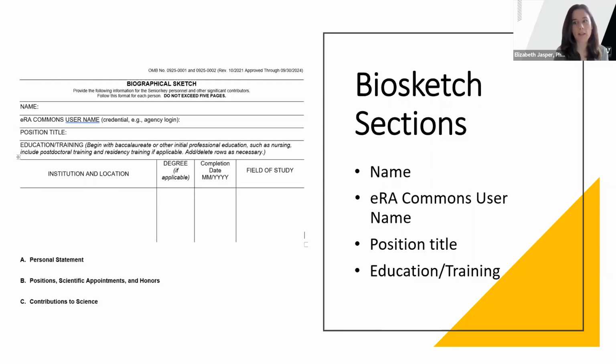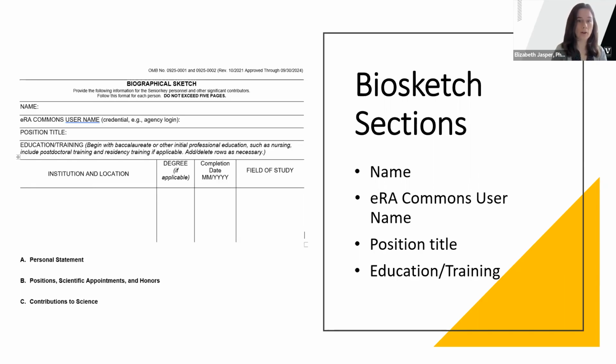So the first part of the biosketch is relatively straightforward. It includes your name, your position title, education and training, and for certain individuals, your eRA Commons username. The eRA Commons username is required for the PI. This includes career development and fellowship applicants, that's you, primary sponsors of fellowship applicants, and all mentors and the candidates of those training grants or career development awards, as well as the diversity and re-entry research supplements.